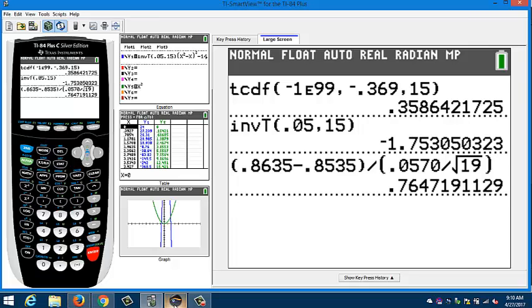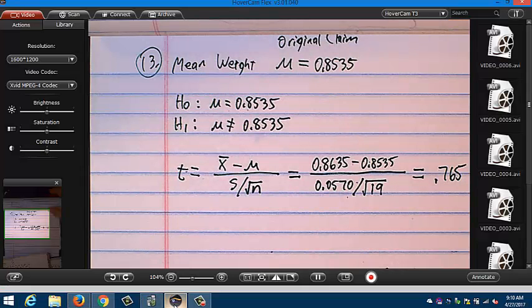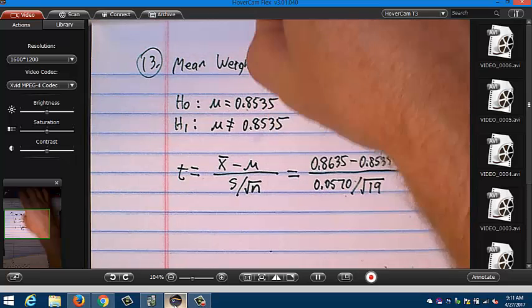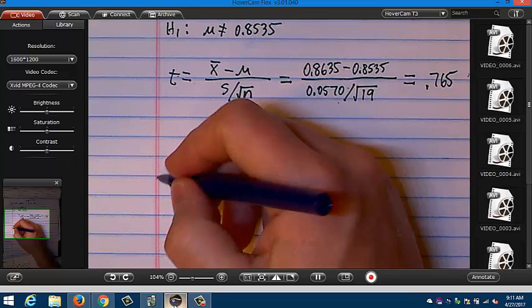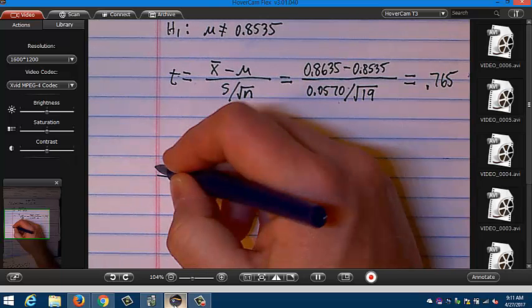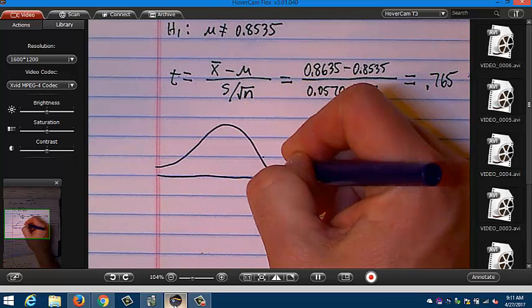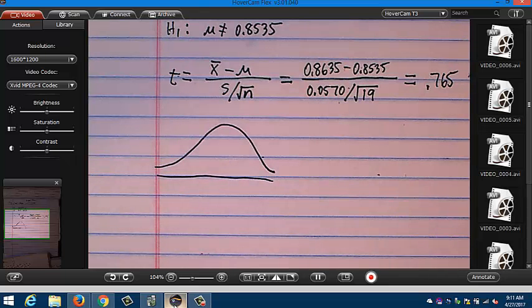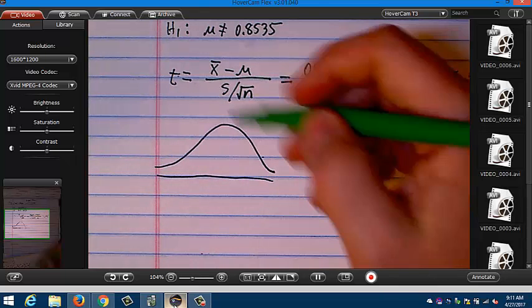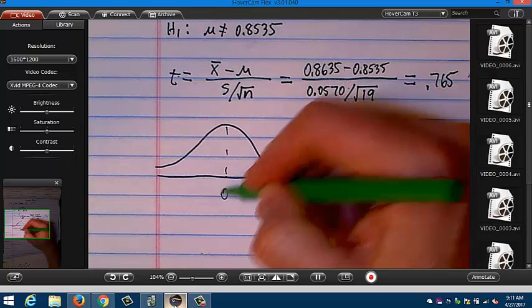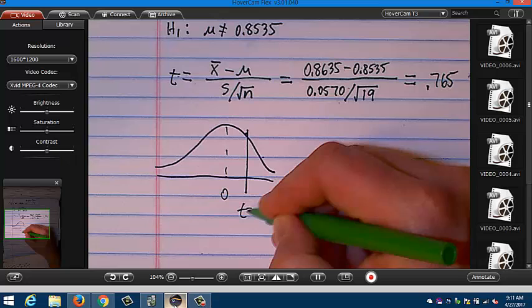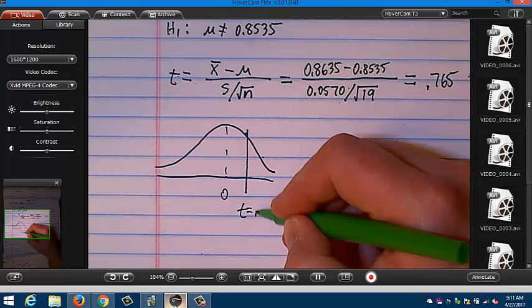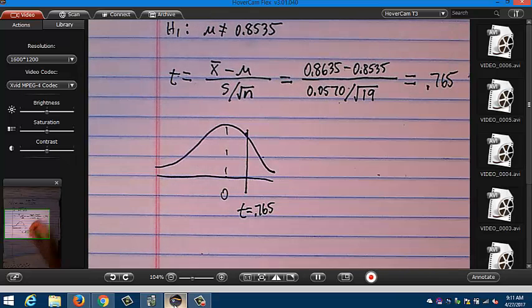Let's do the critical value method, right? So the picture is this. Sarah, you had a question? No? We know the center is 0. If this is my t value, t equals 0.765, I know what the critical region looks like.